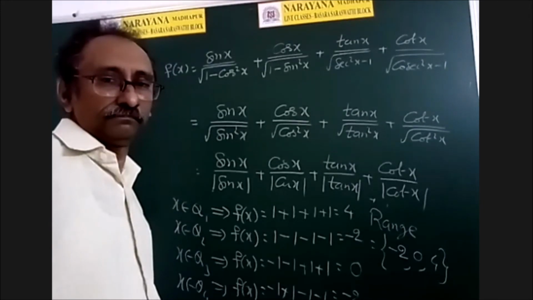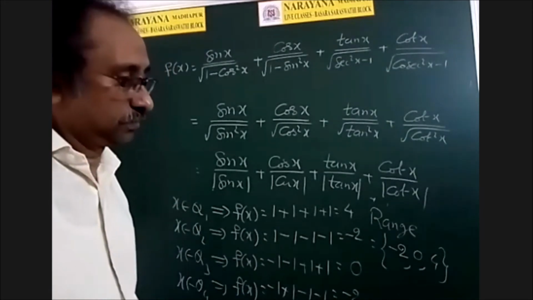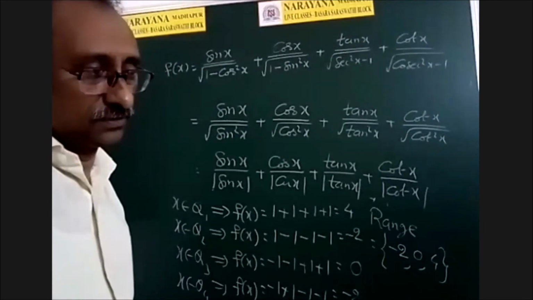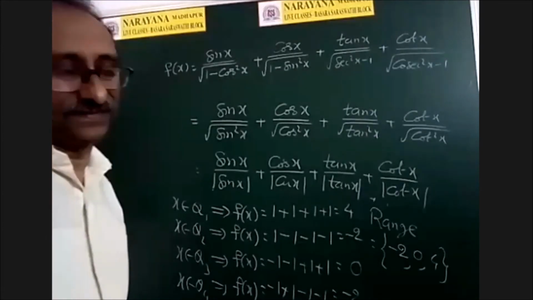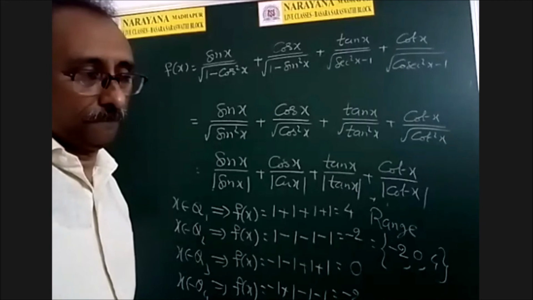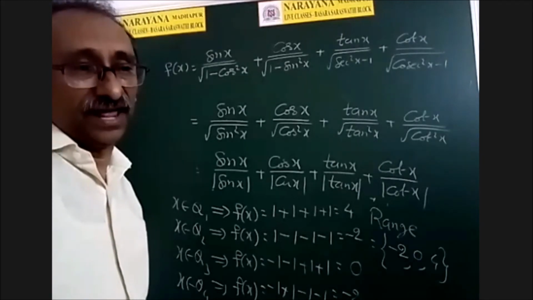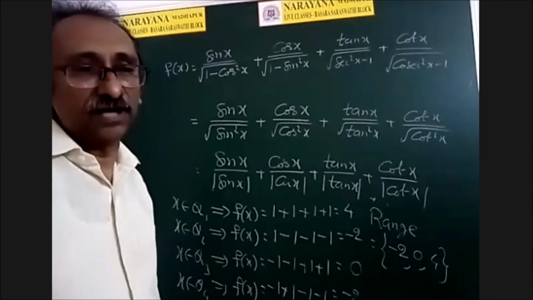Sir, if they ask the maximum value of sine power 6x plus cos power 6x, then how to find it? You tell me how to simplify sine power 6x plus cos power 6x. Sir, we can take sine square x whole cube plus cos square x whole cube, which can be written as, already we have done that, 1 minus 3 sine square x cos square x.